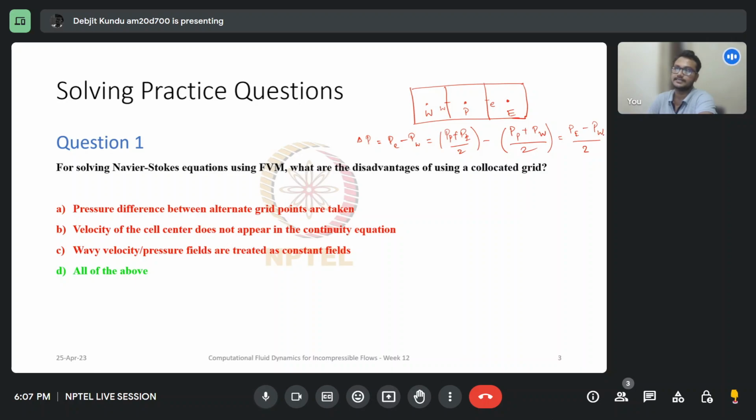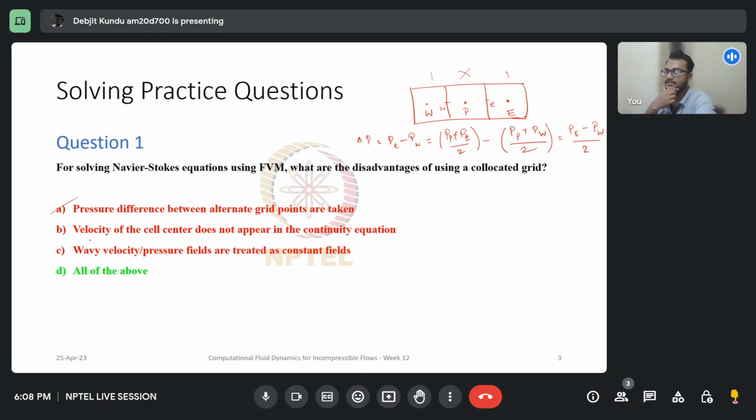You can see E and W, these are alternate grid points. We are missing the intermediate point P. So that's why ultimately we end up using a coarser grid than the one that we have taken. That is a wasteful way of doing things, and that depreciates the solution as well. So option A is correct.